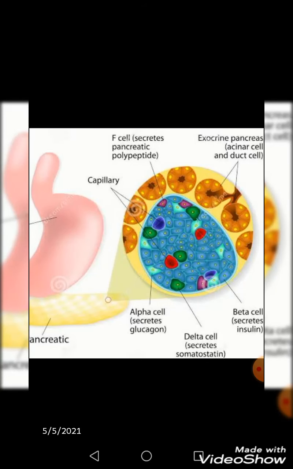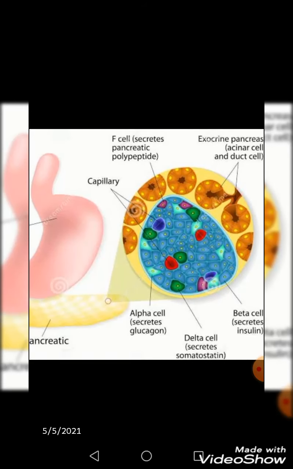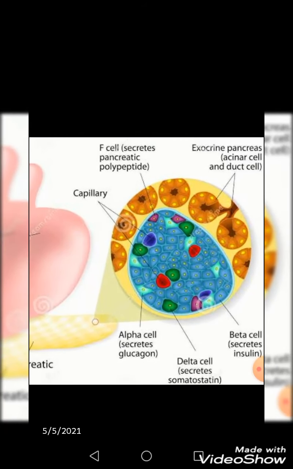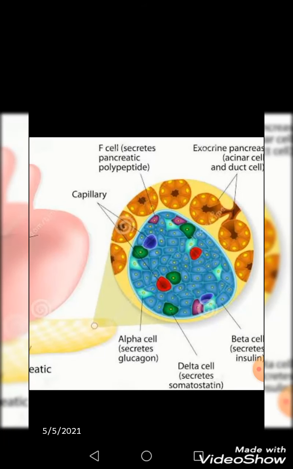It has two major hormones that regulate your blood sugar level and glucose metabolism. They are present in the cells of this endocrine gland, and to visualize them we need a special staining technique to distinguish among these cells.